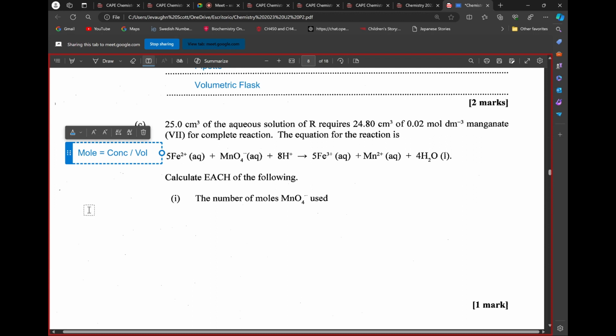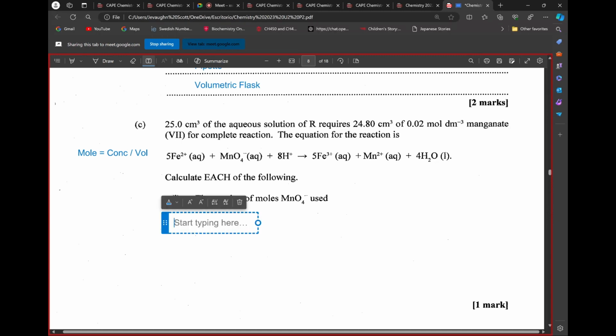Then you can plug in your values, because that gives me the volume and concentration for the manganate. So it can be 0.02 mol per dm³ over 24.8 over 1000.